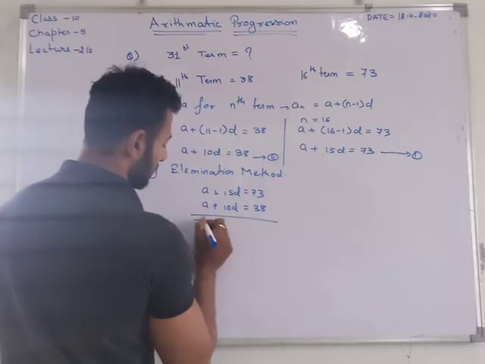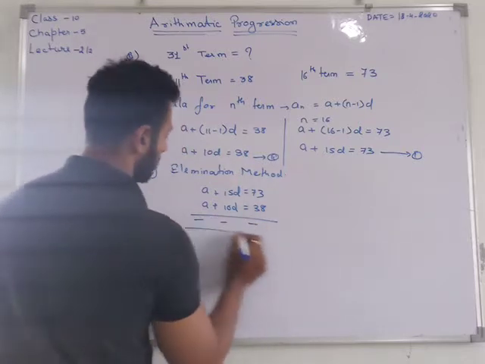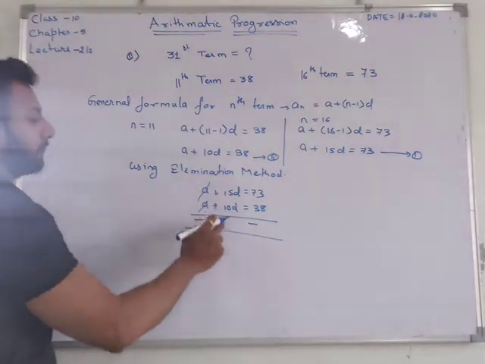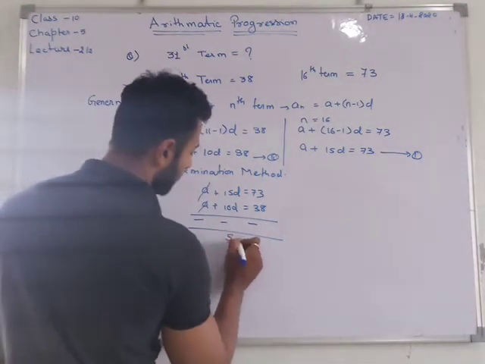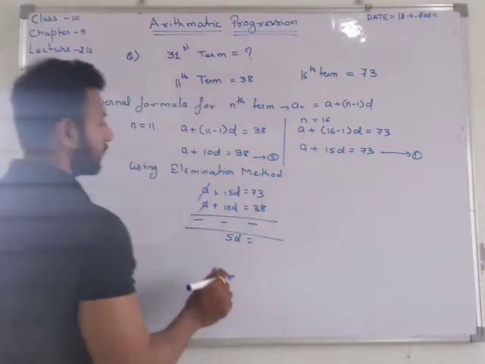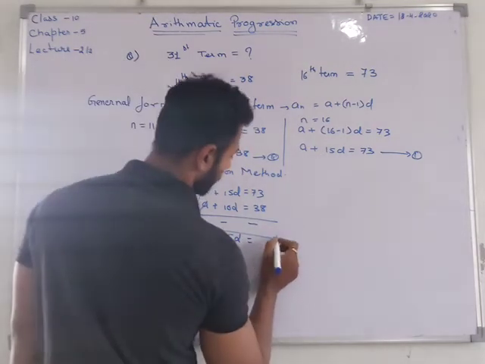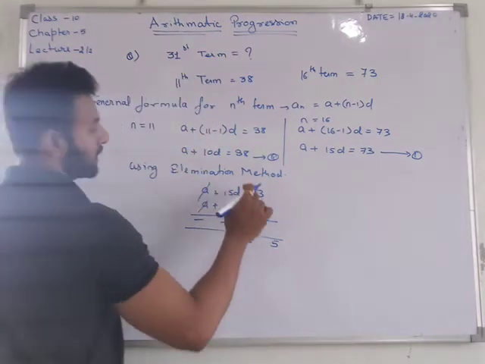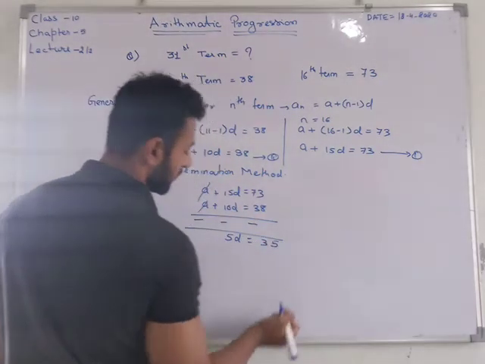Changing the signs, a and a will get cancelled out. 15 minus 10 will be 5d, and 73 minus 38 is 35.